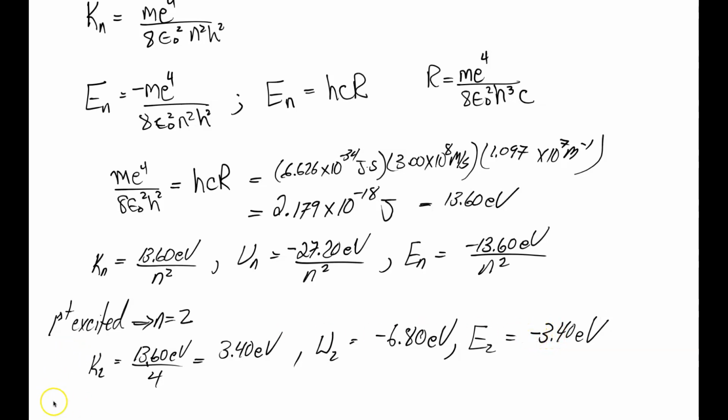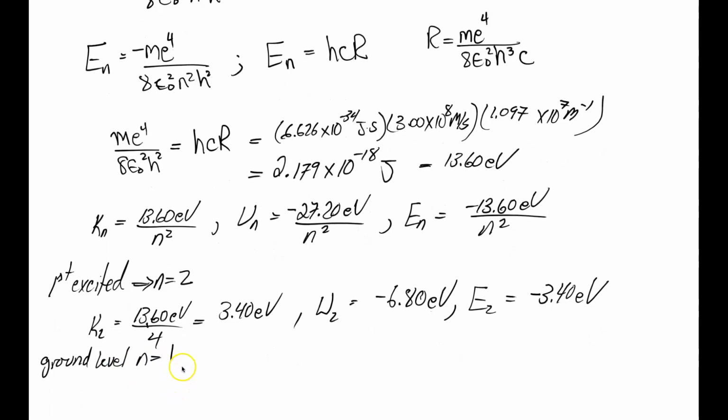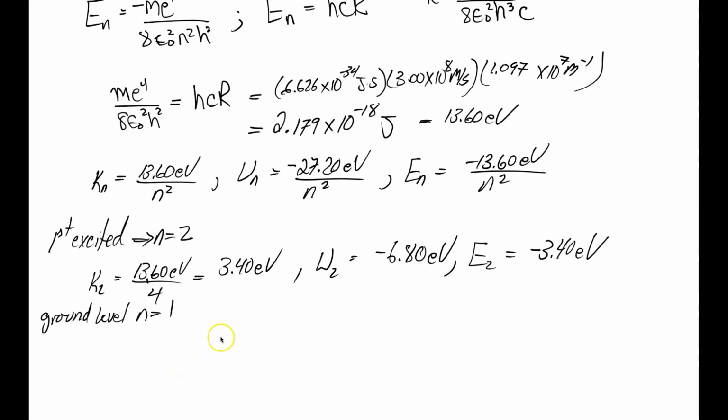For the ground level, n would equal 1, and the energy E sub 1 would equal minus 13.6 electron volts.